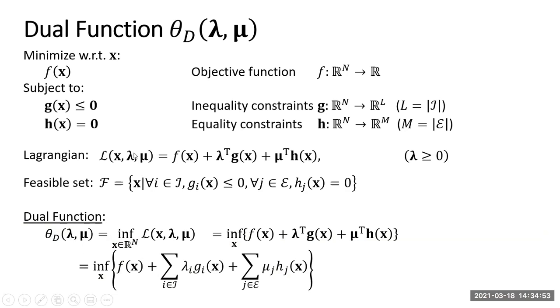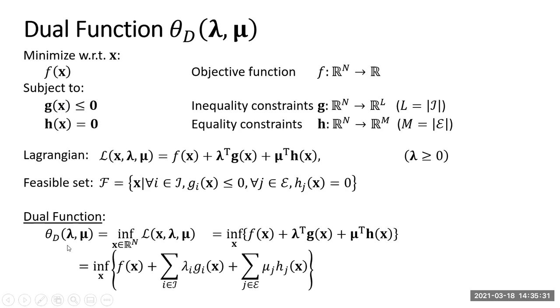And always remember that, according to our convention, where we are minimizing the objective function, and the inequality constraints are always of the form g of x less than or equal to 0, and we have a plus sign here, in that case lambda is always greater than or equal to 0. For the equality constraints, the corresponding Lagrange multipliers, the mu's, can be positive or negative.